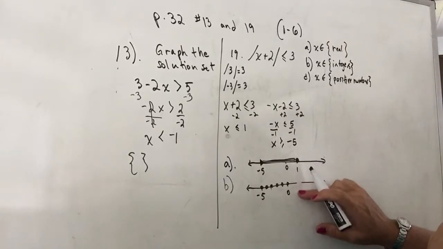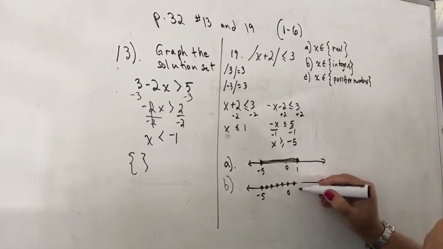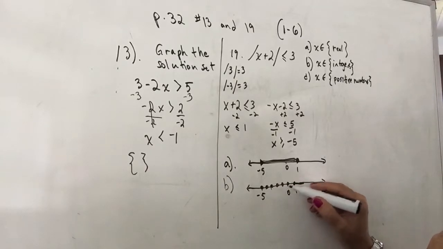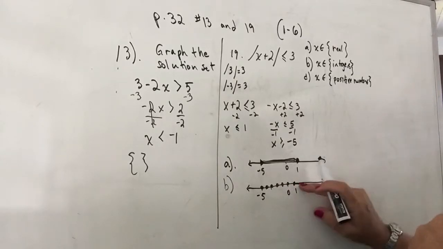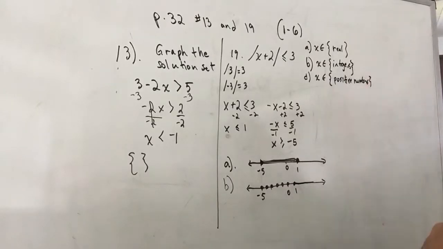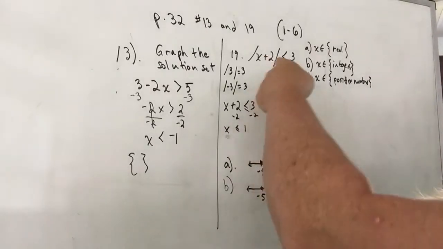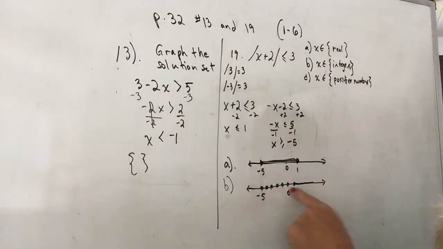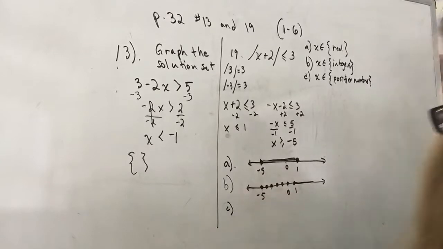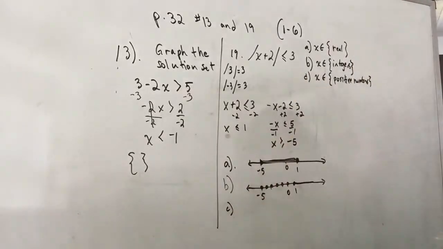Let me just move this so it looks a little more consistent. Okay, so these dots represent negative 5, negative 4, negative 3, negative 2, negative 1, 0, and 1, which are integers in the domain of integers, and they are solutions to this question. So only integers between negative 5 and 1 satisfy the solution to B.